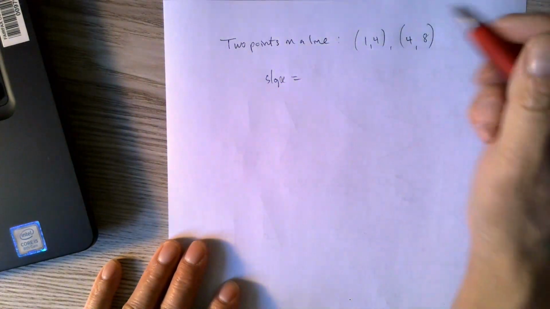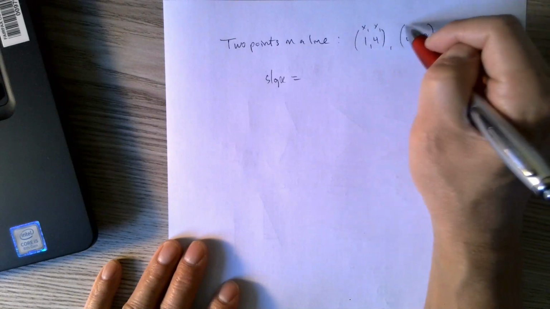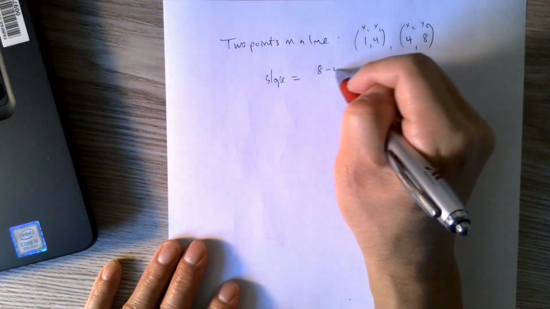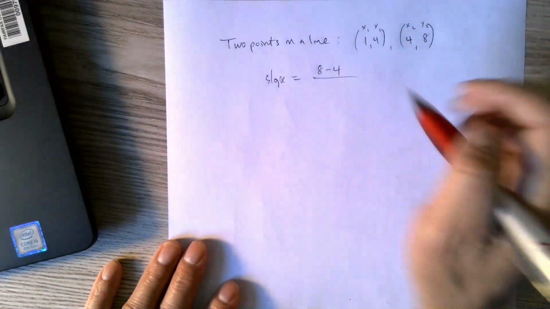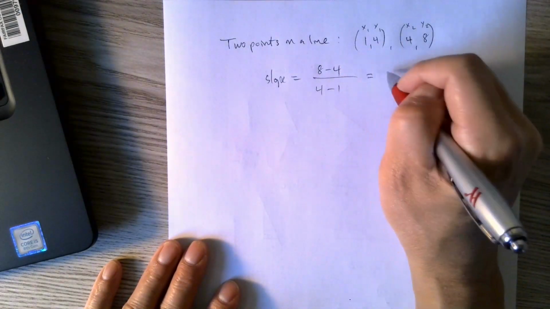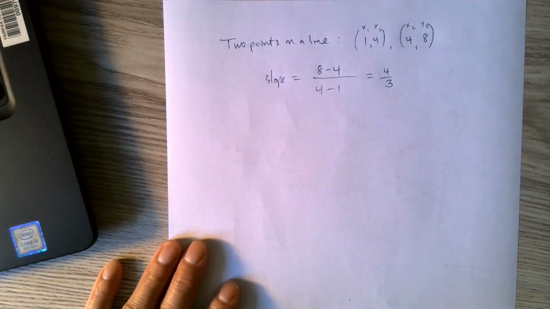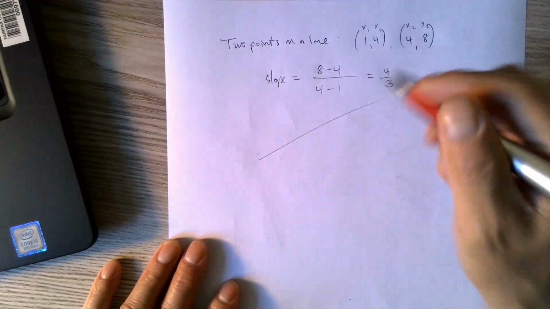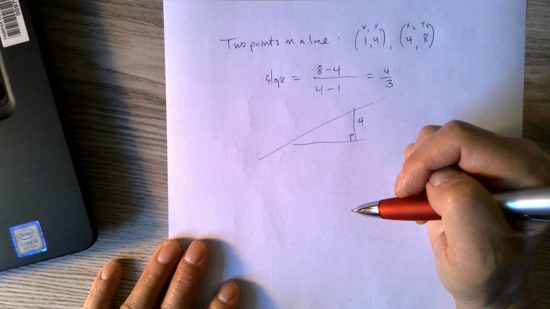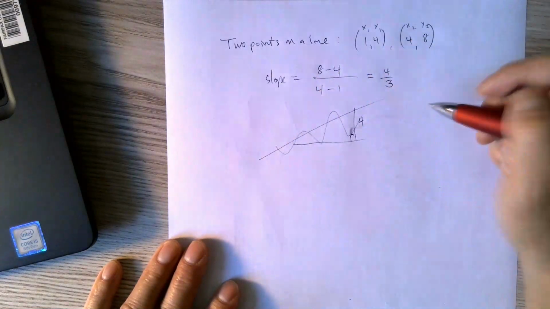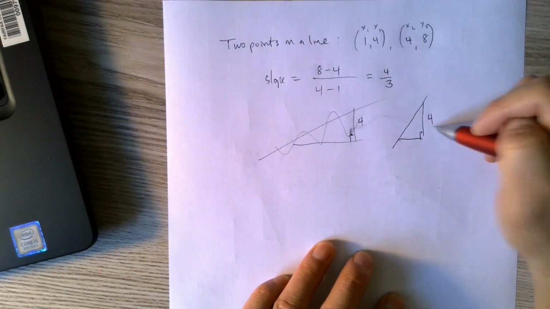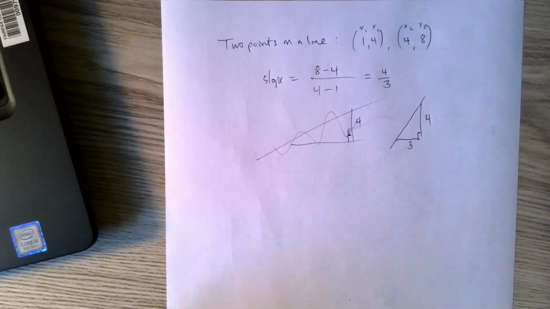The slope will be, let me label these first, x1, y1, x2, y2. The slope will be 8 minus 4, that's y2 minus y1, over 4 minus 1, which is x2 minus x1. 4/3. Which means, if I have this line, and I make my right triangle, the rise here is 4. That's incorrectly drawn. Here's my right triangle. Rise is 4, and the run is 3.